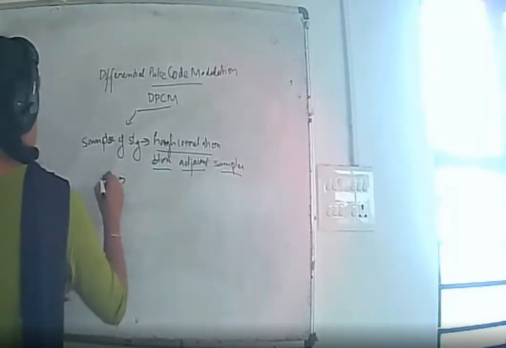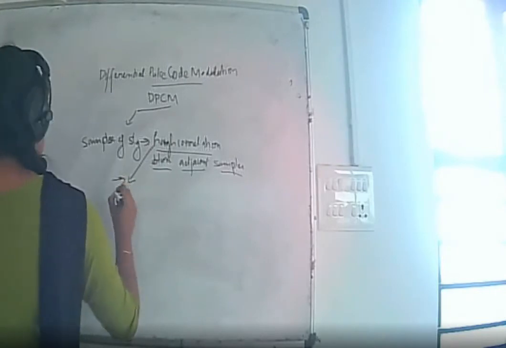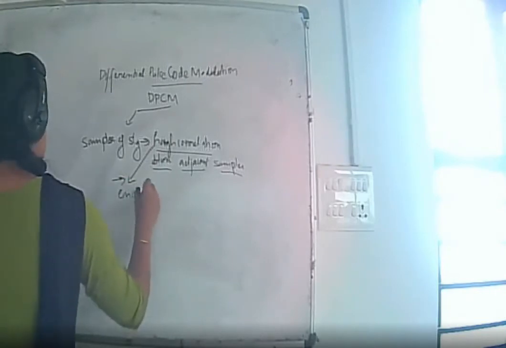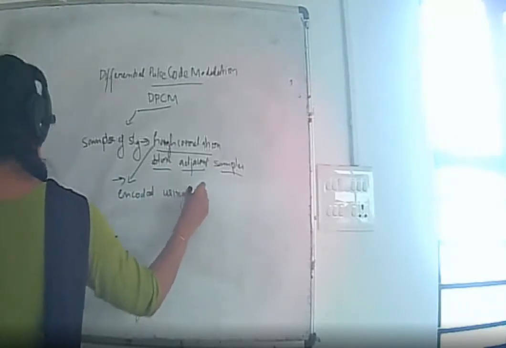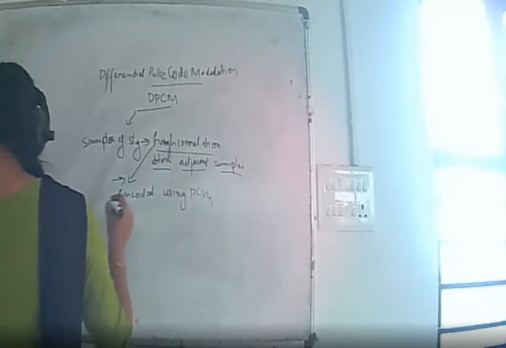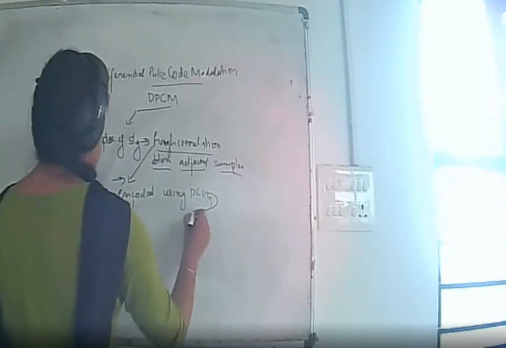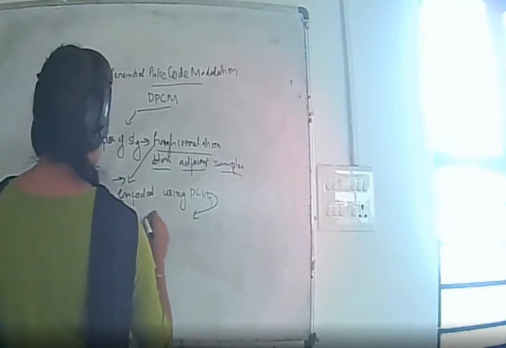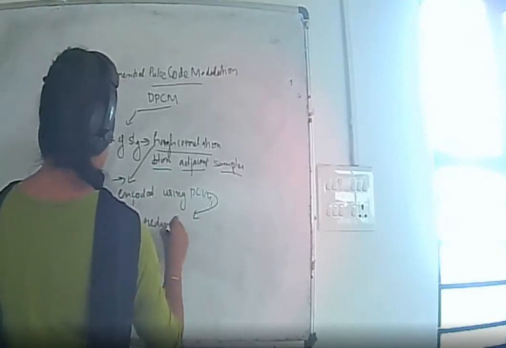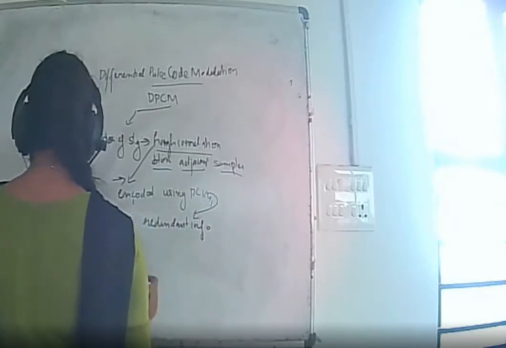So, when this highly correlated sample was encoded using PCM, the encoded signal contains redundant information, that is the same information.